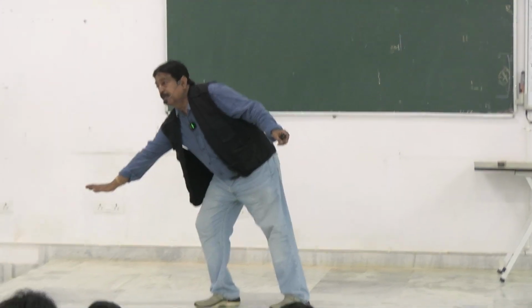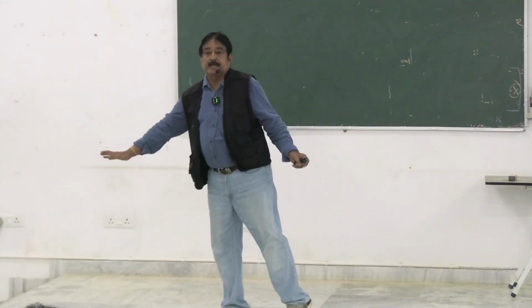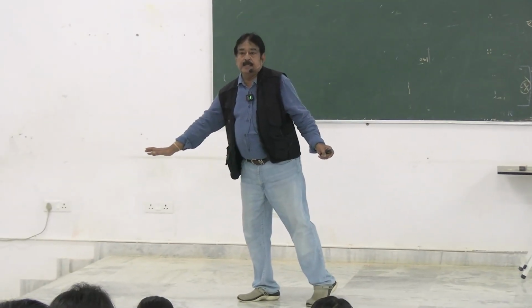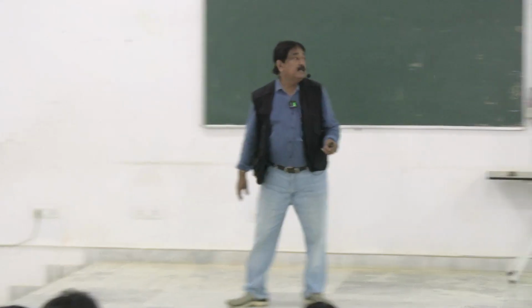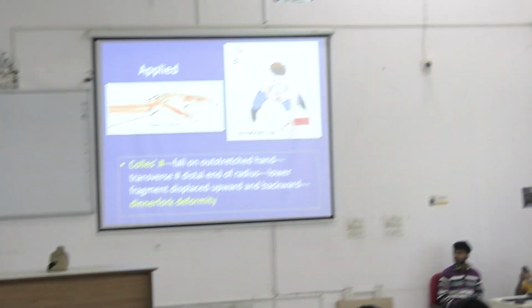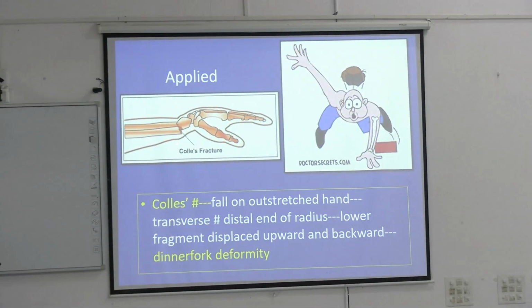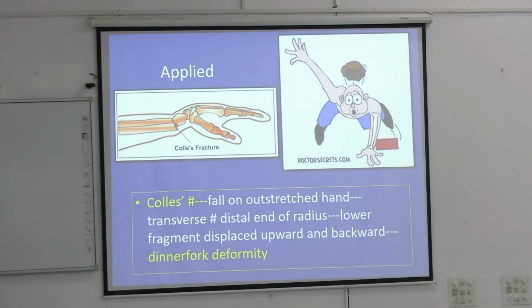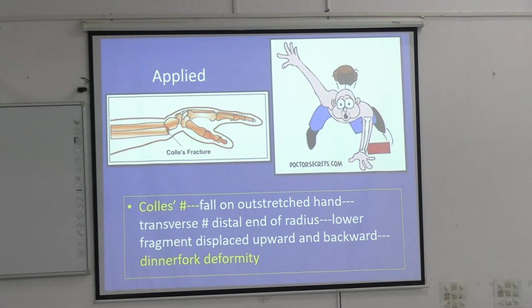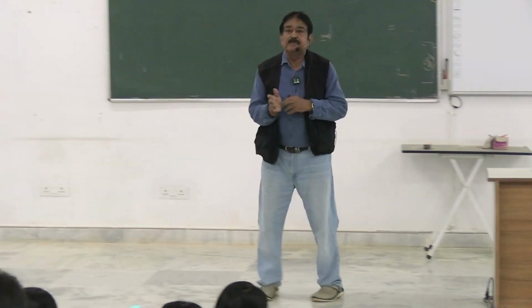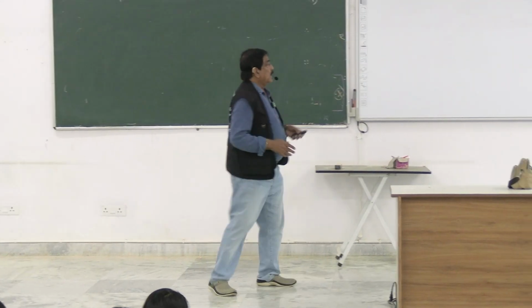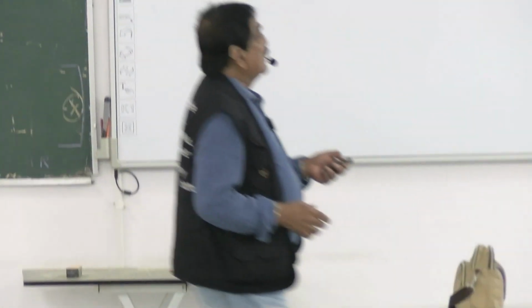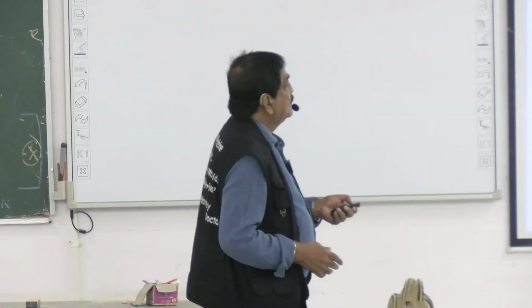She will try to protect herself with an outstretched hand. Naturally, practically the whole body pressure goes into that. Naturally, that cumulative effect is the fracture. And you can see this, the person.